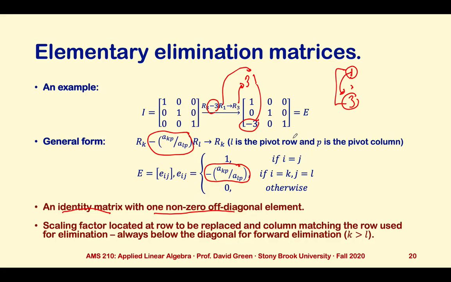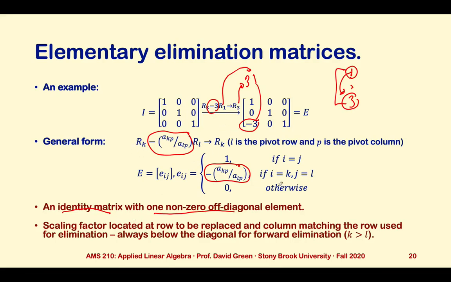This is the diagonal. 0 almost everywhere else, almost all zeros, but in the special case where i equals k, we're in the row that we're eliminating on, and j equals l, we're in the column that we are trying to use as a pivot, then we use this scaling factor. Right?